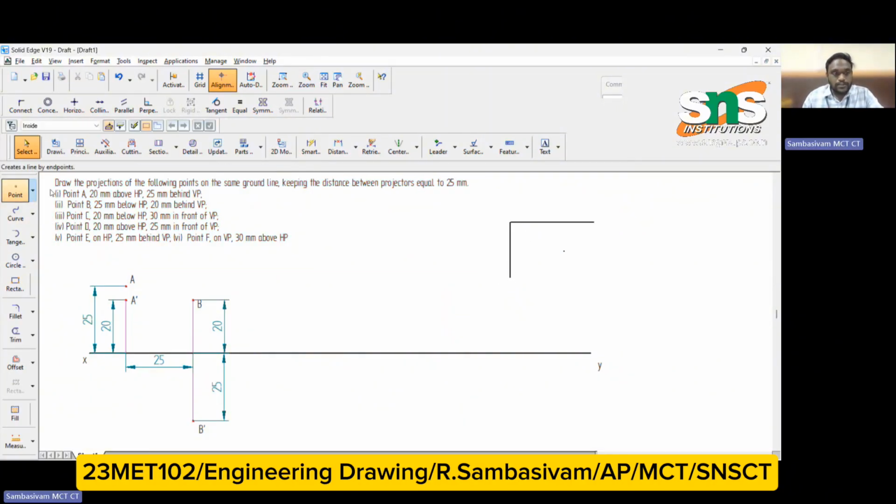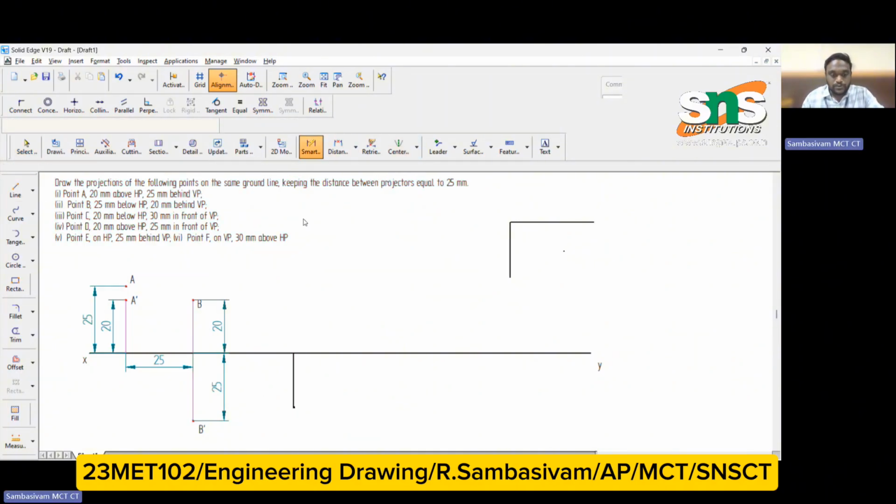First one is 20 mm below HP. So I have just drawn the 20 mm below HP. This is 20 mm, and I mark the point with the size of 2. I click this one and the point has been marked. Then another line has to be drawn.